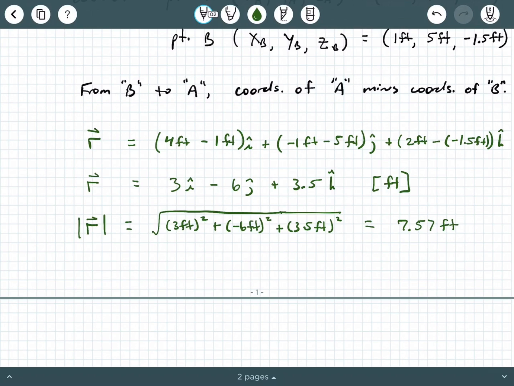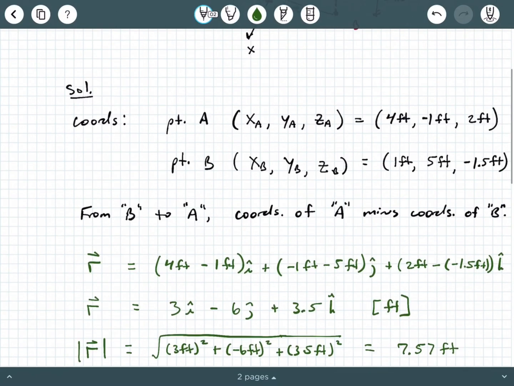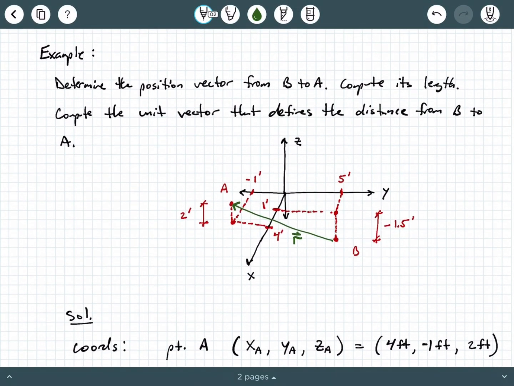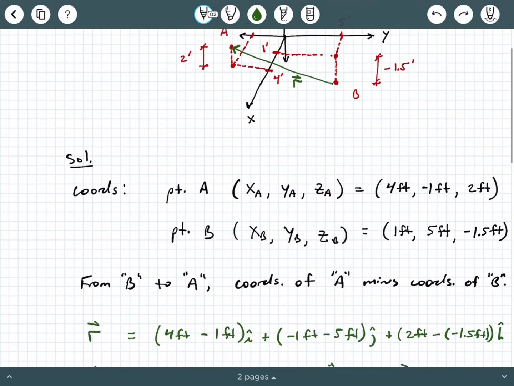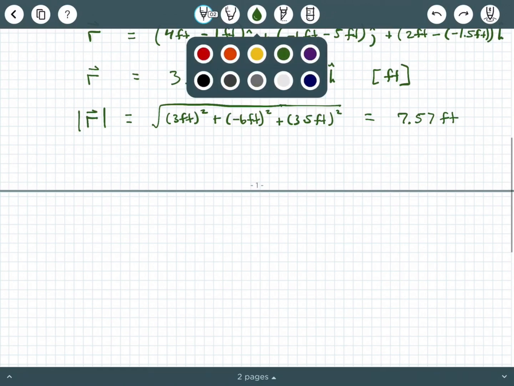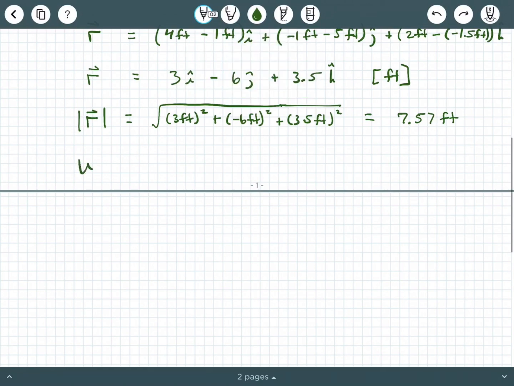So there's the next part of the question. The last part of this example says, compute the unit vector that defines this distance. The unit vector U, and you could call it U sub BA if you want, is the position vector divided by its magnitude.